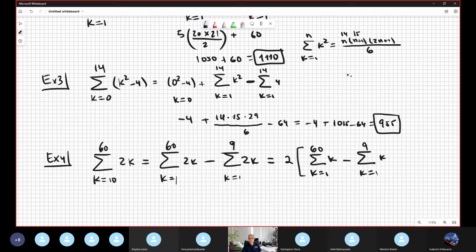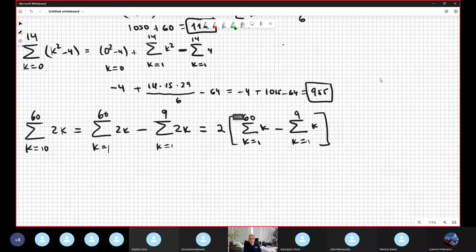The only thing I did was put these two outside. This is a property of the summation. Summation is a linear operator. Linear operator means that any constant that you multiply, you can multiply inside or outside, either way. And it's a linear operator because you can separate the different terms in the formula, like addition or subtraction, depending on the sign.